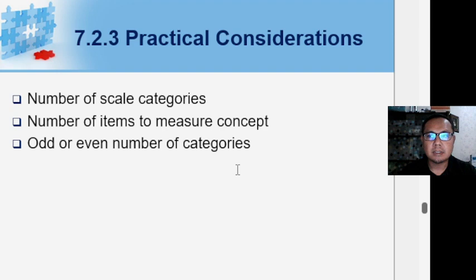That's why, for new researchers, we strongly suggest adapting or using a previous well-established questionnaire or interview question, because from there you can adjust to the objective of your research.